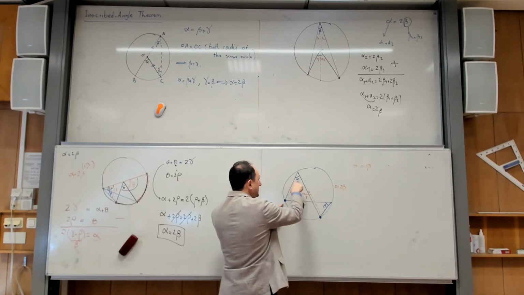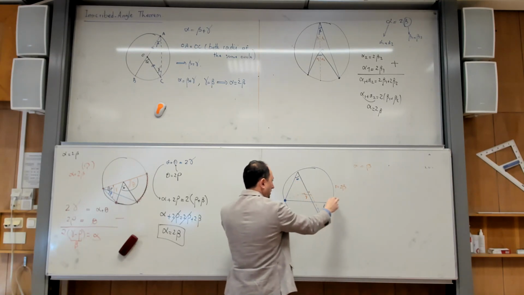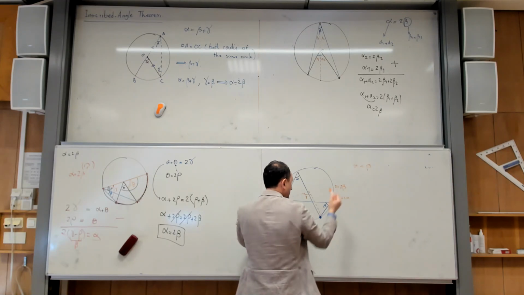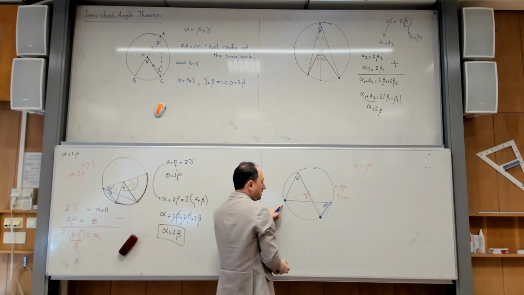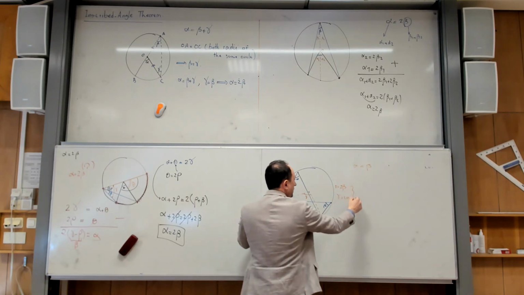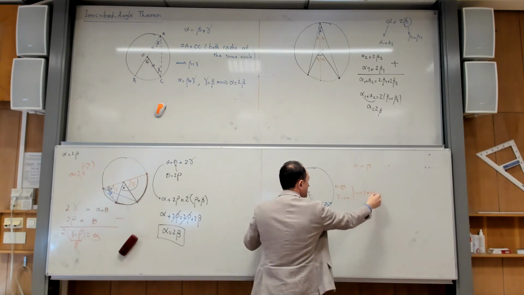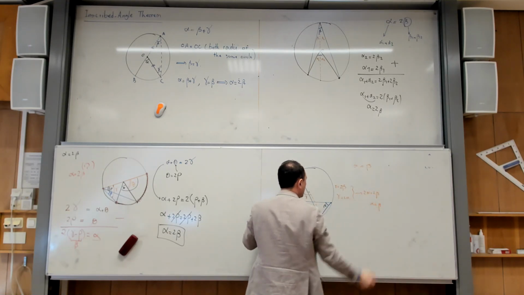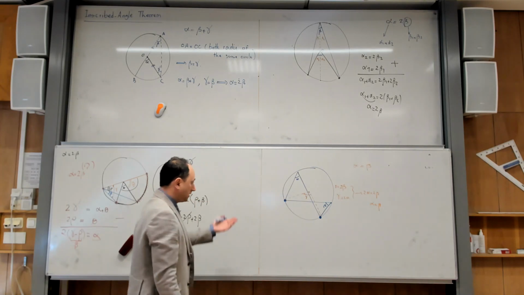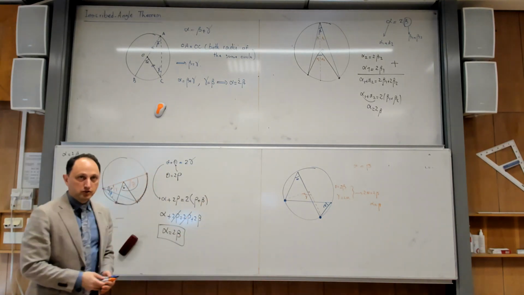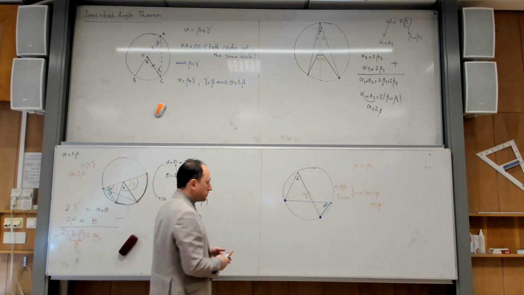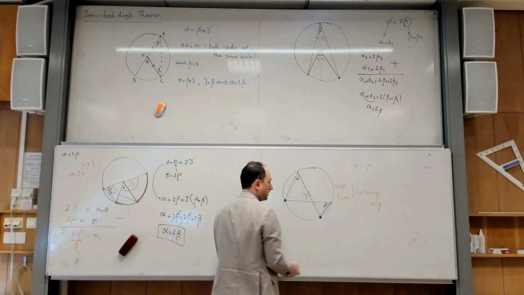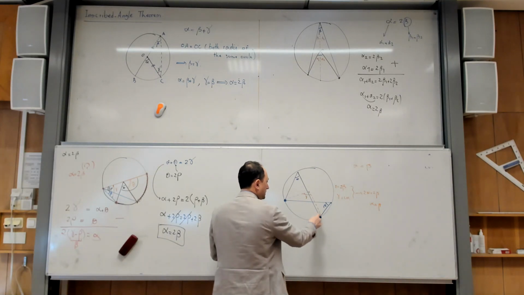And then you can say the same thing for alpha and gamma. Gamma is also equal to 2 alpha. But it means that 2 alpha is equal to 2 beta, so this means, as you said, alpha is equal to beta. Of course, this is the reason why this is true, but you can use it without mentioning it every time. Okay, so this is the way that you need to look at this problem.